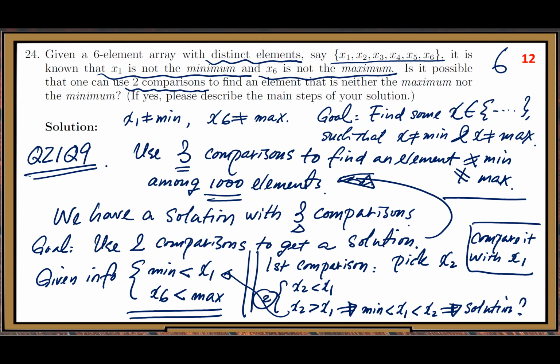If so, then only one comparison gives a solution and you do not need two. But in this case, you cannot say x1 is the solution, because x1 is greater than x2 which is greater than the minimum, but you do not know if x1 is less than the maximum. So you need the second comparison.